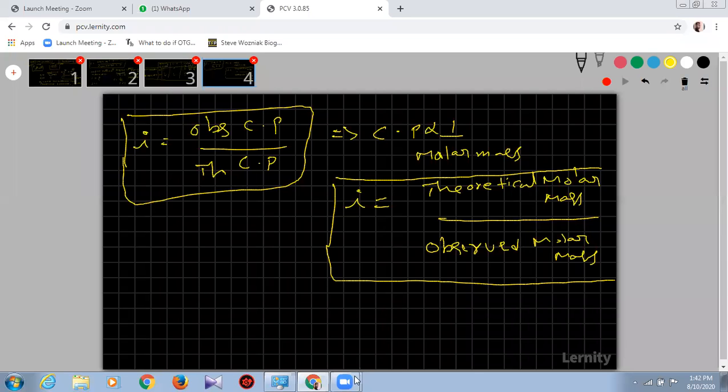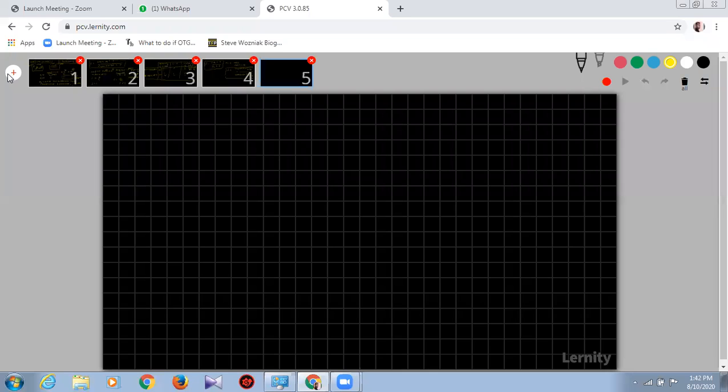Now, what do we need to do after calculation of this Van't Hoff factor i?